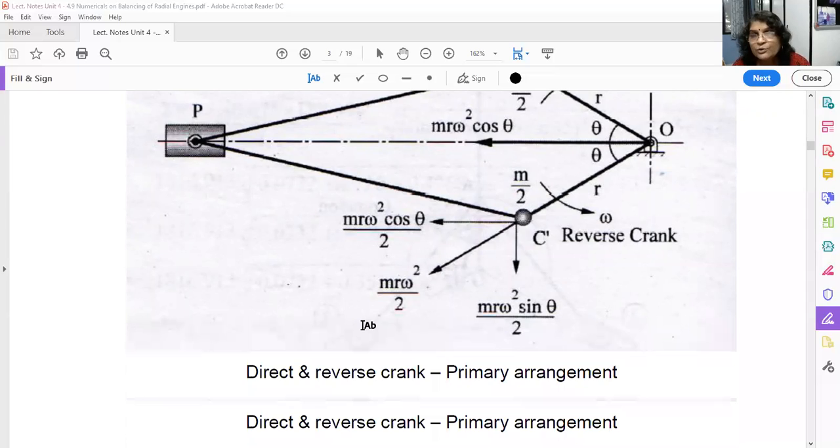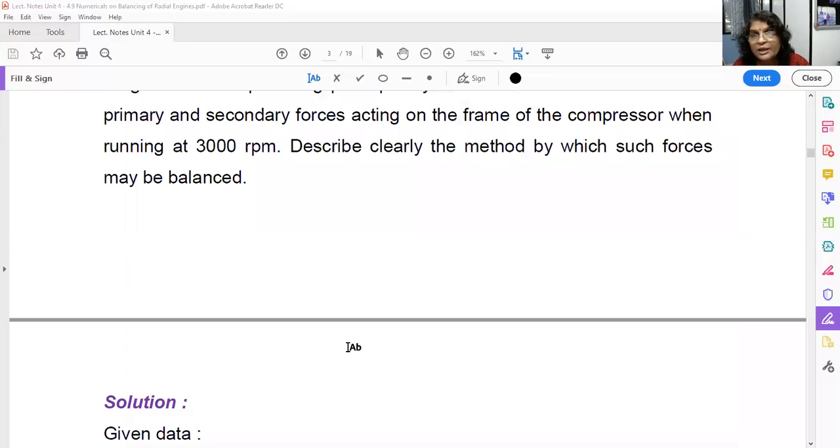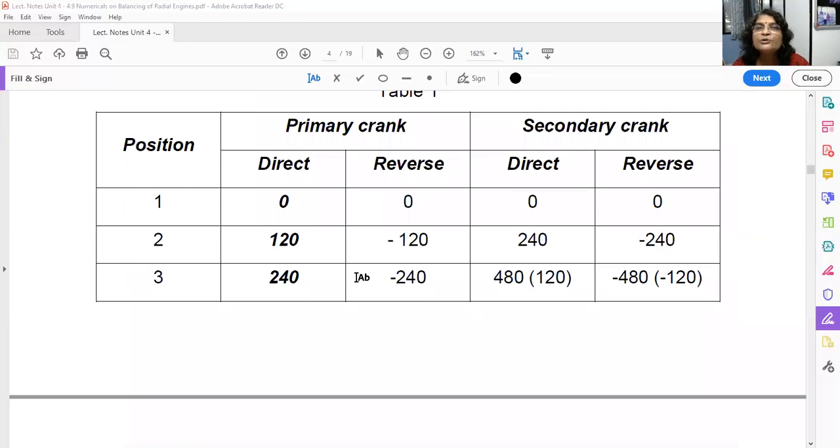So what should I do? There are 3 cylinders, so you just give a negative sign to all of these. 0 is already 0, there is no negative or positive. 120, I will give the minus sign, minus 120, and 240, minus 240. Understood? So the reverse primary crank will be rotated through 0 degree, minus 120 degree, minus 240 degree.